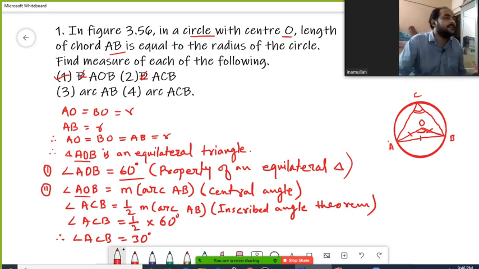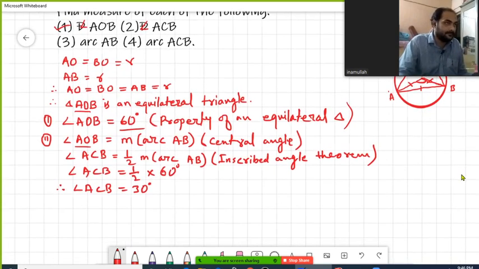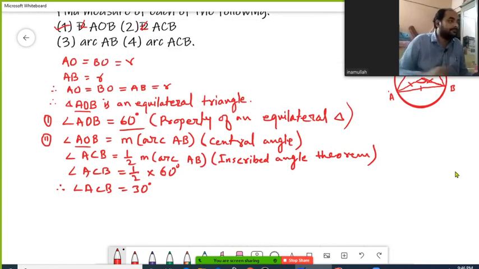Now next is arc AB. Third one, we need arc AB. So arc AB is 60 degrees. That we already proved that major arc AB is actually the same as angle AOB, and angle AOB is 60 degrees.